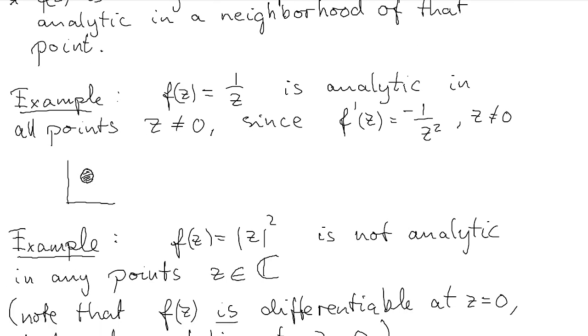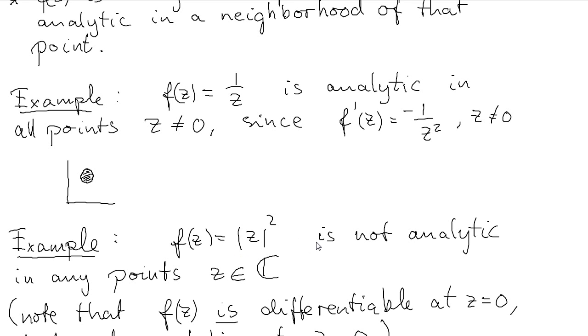Here is an example where the function is not analytic in all points, but it's differentiable in one point. Recall that this function was not differentiable in any point except at the point z equal to 0.